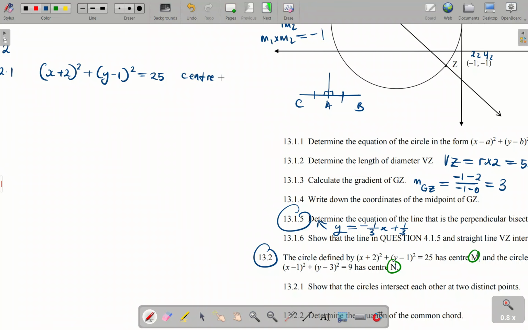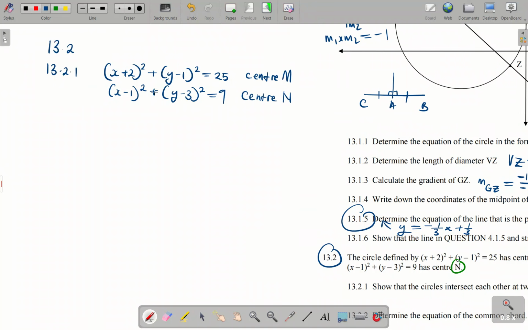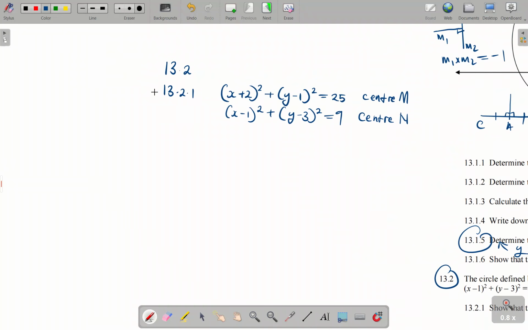This is the one that has the center M. And then you also have x minus 1 squared plus y minus 3 squared, which equals 9. And this one is the one that has center N. So that's the information that we have here.